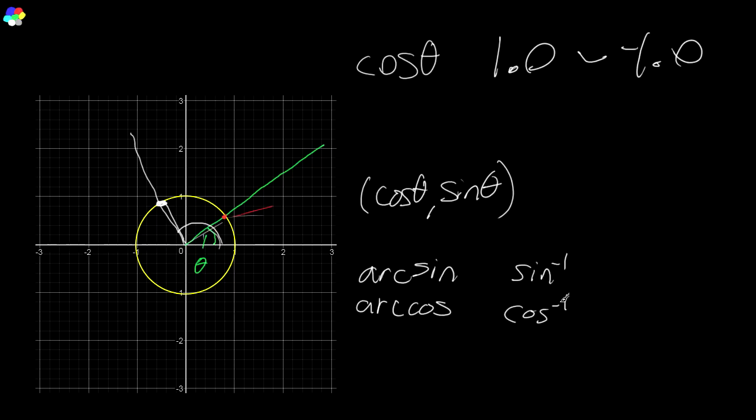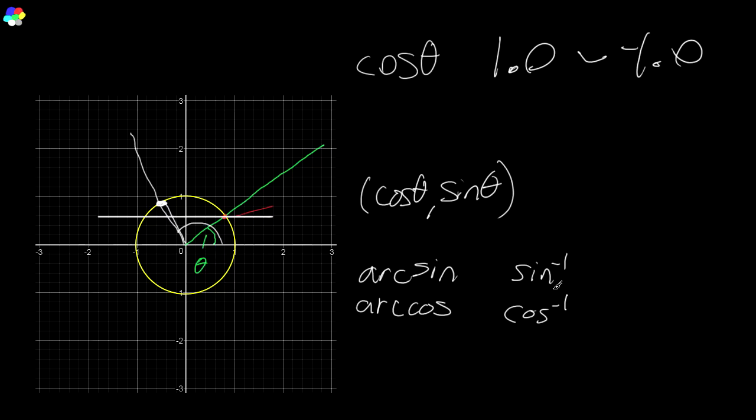Now the funny thing about arcsine and arccos is that there is not one true answer for this. Let's say I give you a value and I say this is the y coordinate on a circle, and I want you to give me the angle that corresponds to that coordinate. And you say, okay, well, this is the y, then the angle must be here. It must be this theta.